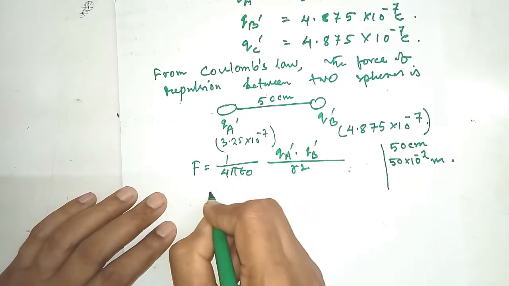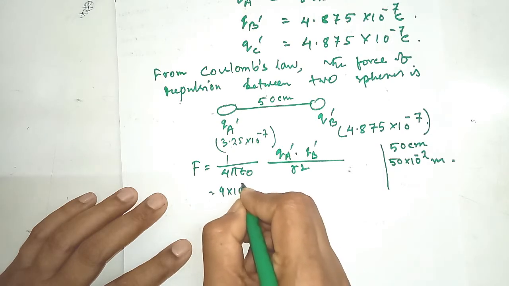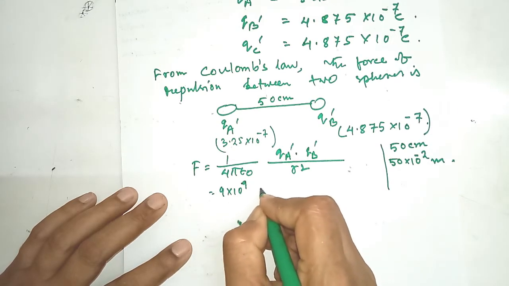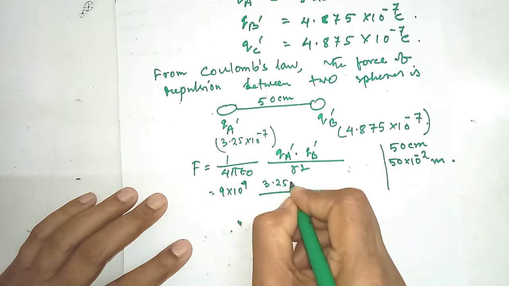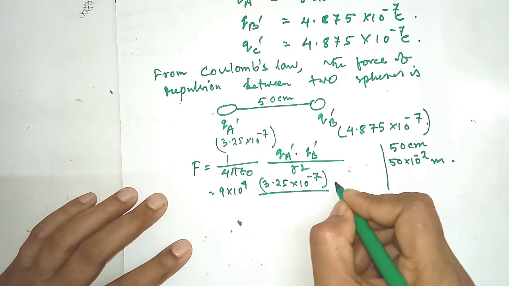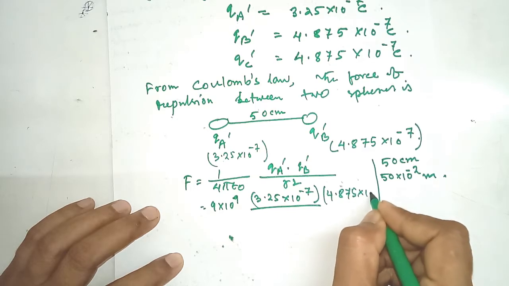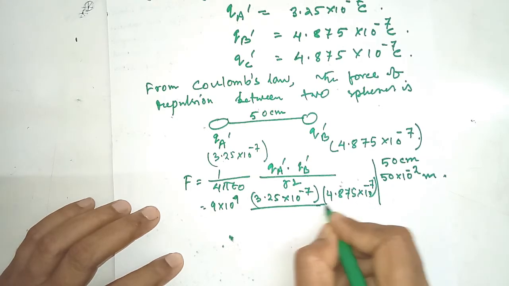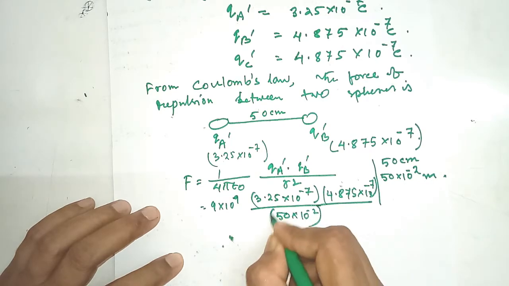Okay, so I can write that 9 into 10 to the power 9 and the value of QA dash is 3.25 into 10 to the power minus 7 into 4.875 into 10 to the power minus 7 and divided by 50 into 10 to the power minus 2 whole square.